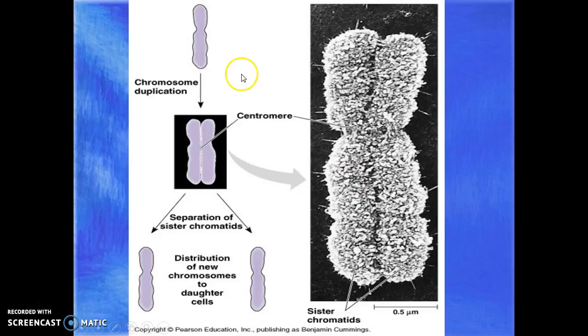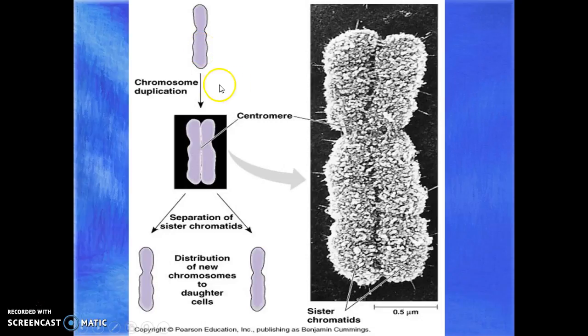So in this image here, you can see I have my chromosome before replication. This is an uncondensed, unduplicated chromatin. At this stage we have our centromere right there, and that's what we can consider as the waist of it, and it has two arms, one arm here and one arm coming off the other end.